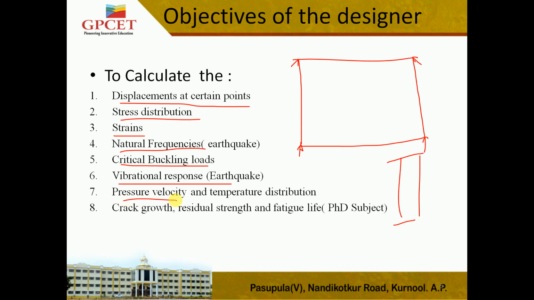Then we have to find the pressure, velocity and temperature distribution. Pressure and velocity come under fluid mechanics. By using finite element methods we can solve fluid mechanics problems also, but that is not our subject; that is out of our syllabus.